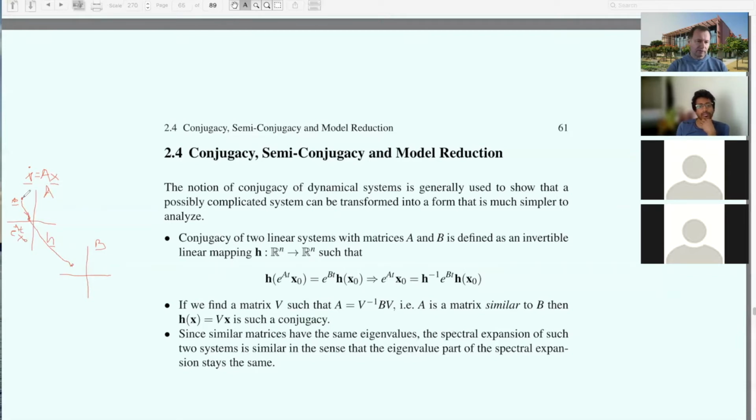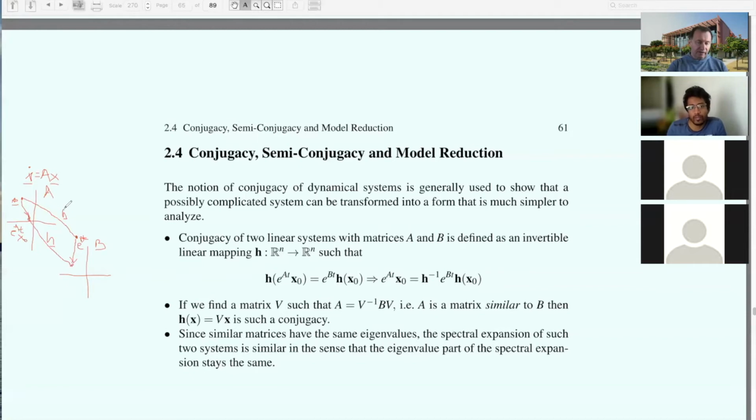Well, let's also do another one that maps x0 to some point over here. And then let's draw the flow. This one here is e^(Bt). Okay, so that's the idea.